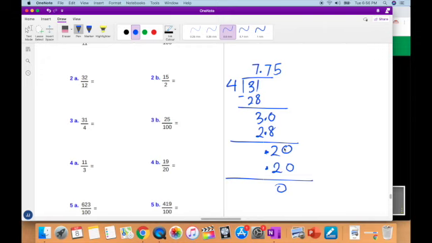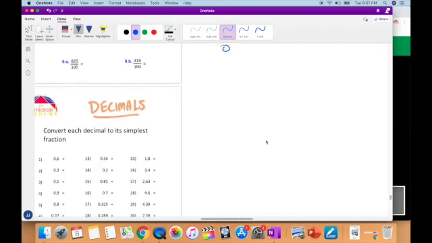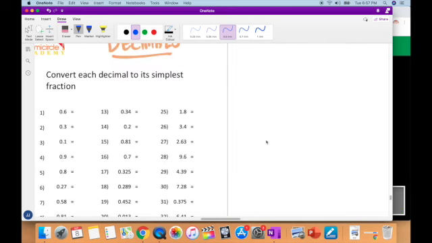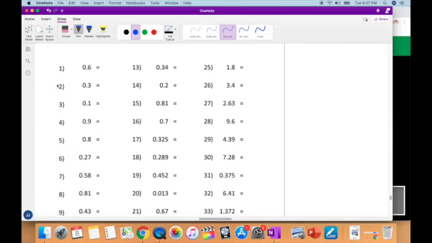Caitlin, you get through with this one? Yeah. Alright, so are you okay with changing fractions to decimals? How do we change decimals to fractions now?